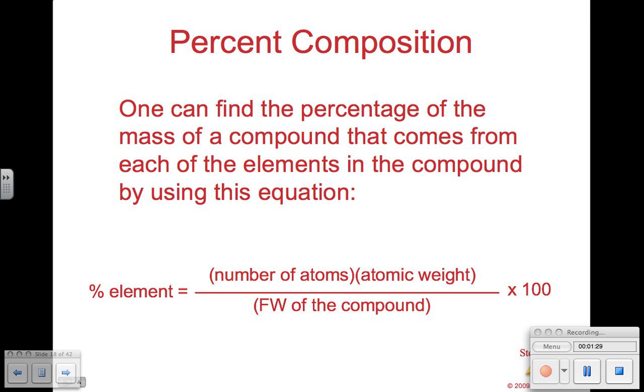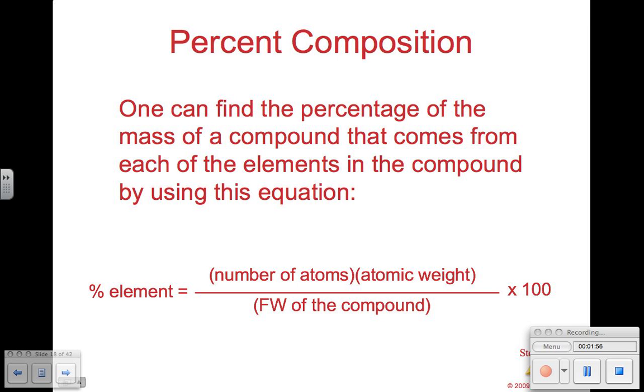So you get, oh, there's a certain percentage of carbon, a certain percentage of hydrogen, a certain percentage of oxygen, and then you want to determine what the formula of the compound is. So we would take those percentages. Percent composition is really the number of atoms of that element times the atomic weight, divided by the total mass of the formula weight.